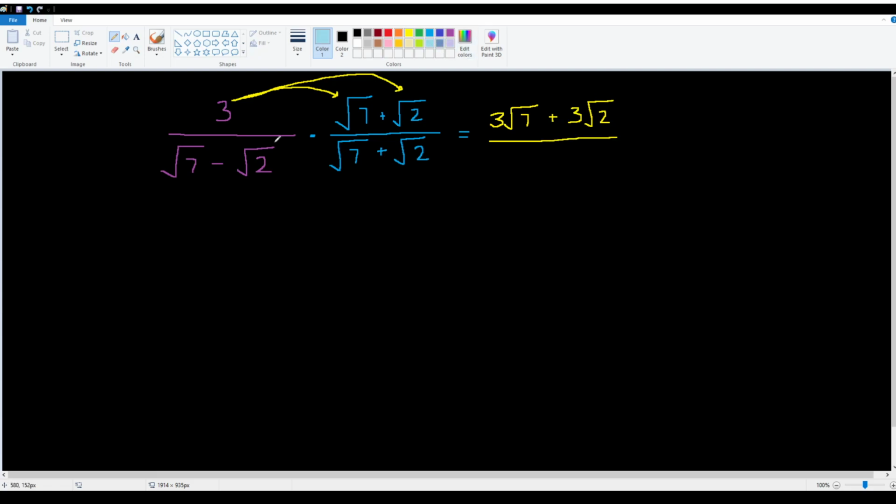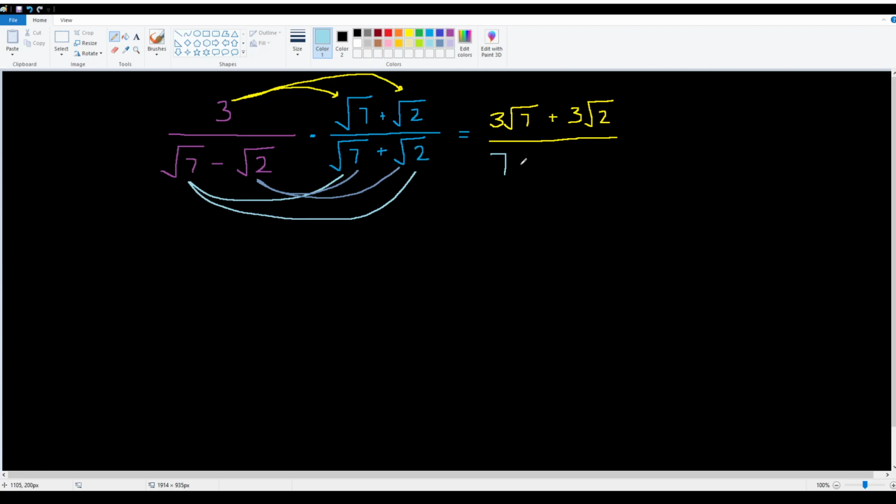So now on bottom, again, we do the same thing. We're going to double distribute here. We're going to start with the square root of 7 times the square root of 7. So square root of 7 times square root of 7 would be square root of 49, which is just going to end up to be 7. Then I have square root of 7 times the square root of 2.